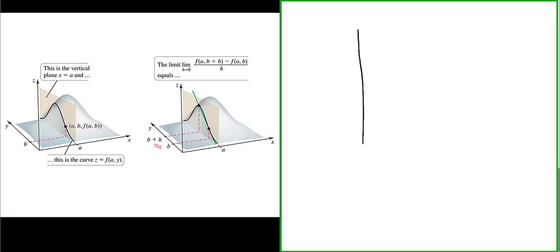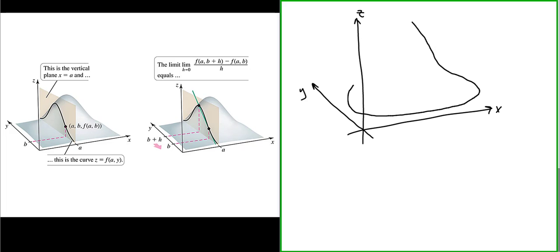We'll keep to the same coordinate system where the z-axis is up, the x-axis is kind of going to the right, and the y-axis is kind of going away from us. Let's use the same hill. So here is our hill. Well, it doesn't quite look the same, but that's okay.